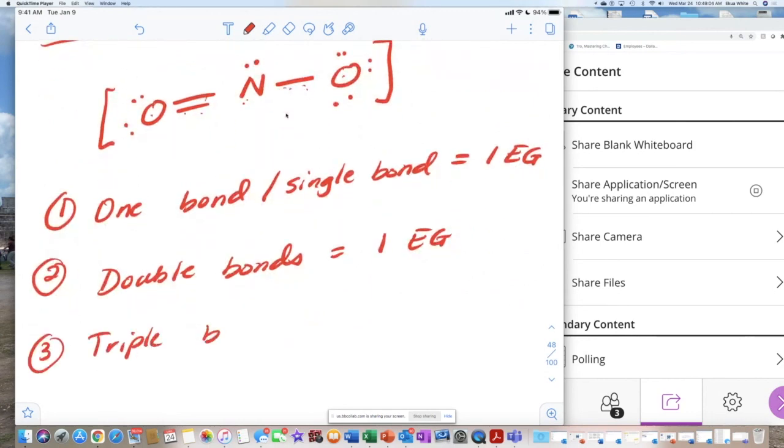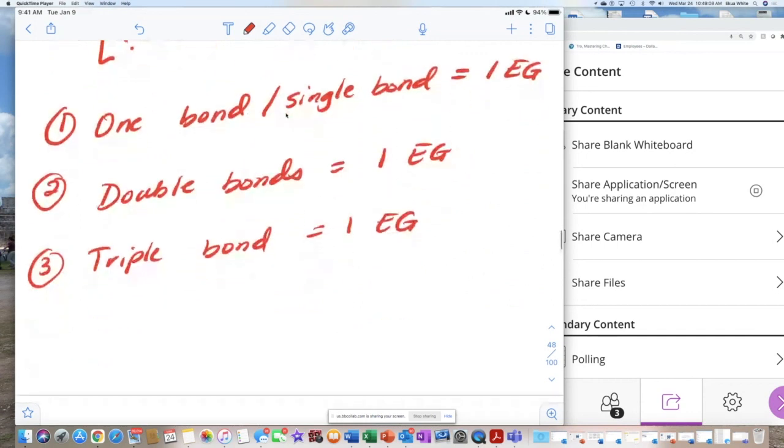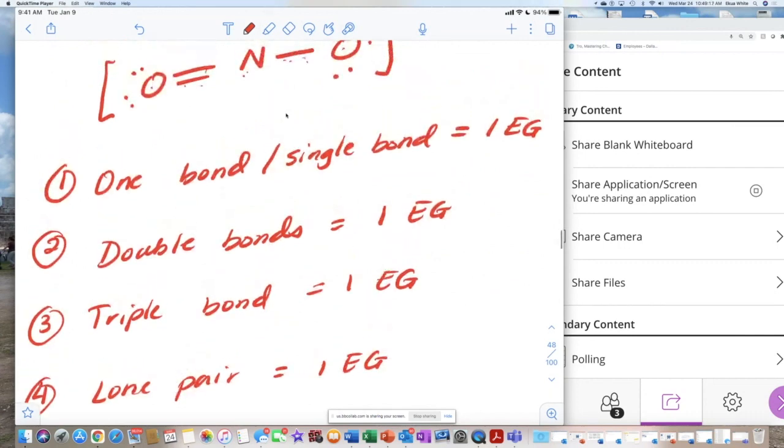Triple bond, one electron group. Lone pair, one electron group.